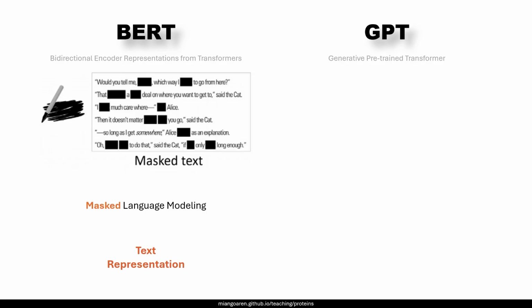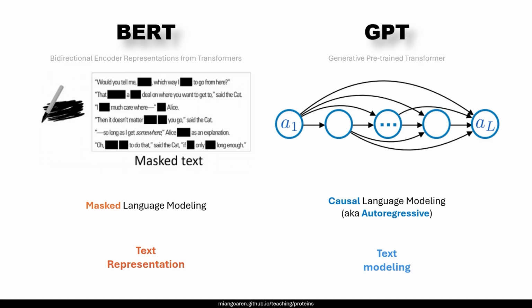And the other type of transformer architecture is the GPT architecture, known as Generative Pretrained Transformer. The way it is trained, together with its loss function and other variables, is different from BERT-type models, since in this case we are talking about language modeling that is more causal, also known as autoregressive.